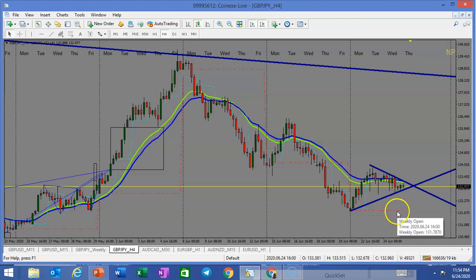So this red line gives me the weekly open on every single week. This is where the week started. Here's where the week started. Here's where the week started.